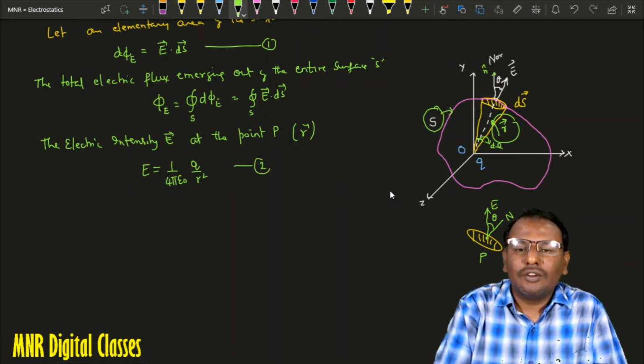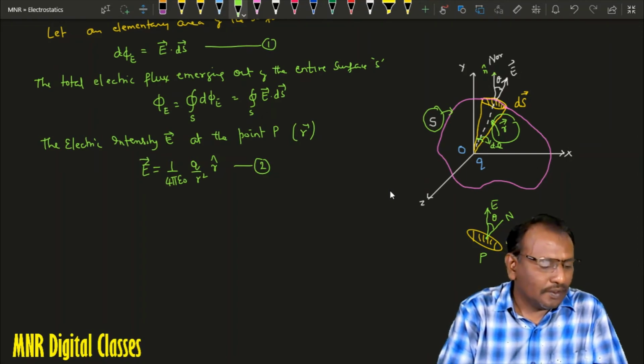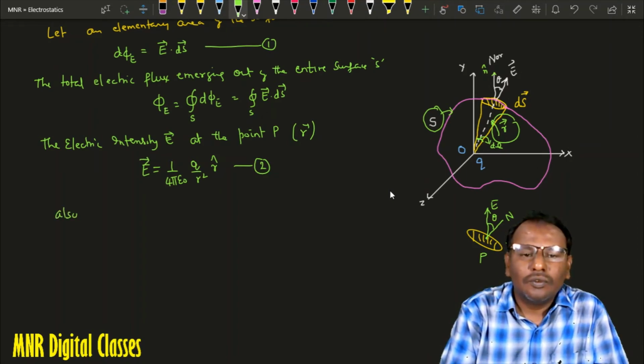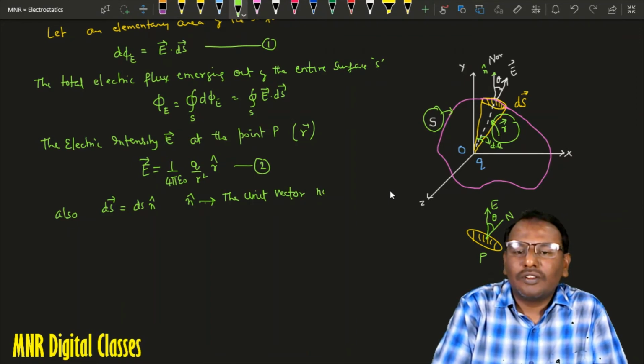Call this as equation 2, into unit vector r cap, which represents the direction of electric field. Also, the surface area vector ds bar is equal to ds into n cap, where n cap is the unit vector normal to the surface.